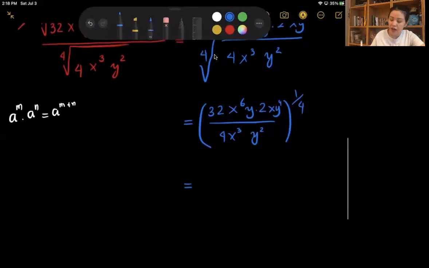Okay. All right, let's simplify what's inside the parentheses first before we take care of the 1/4 power outside. So I see 32 cancels with the 4, that will leave me 8. 8 times 2 is 16, right? So 16.